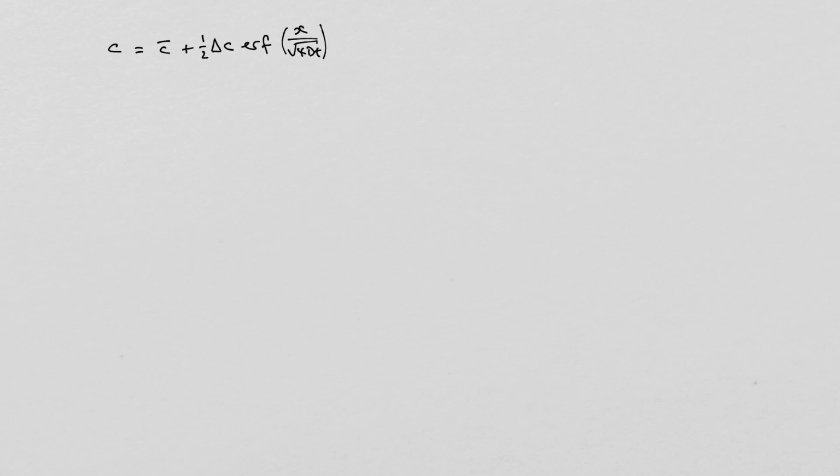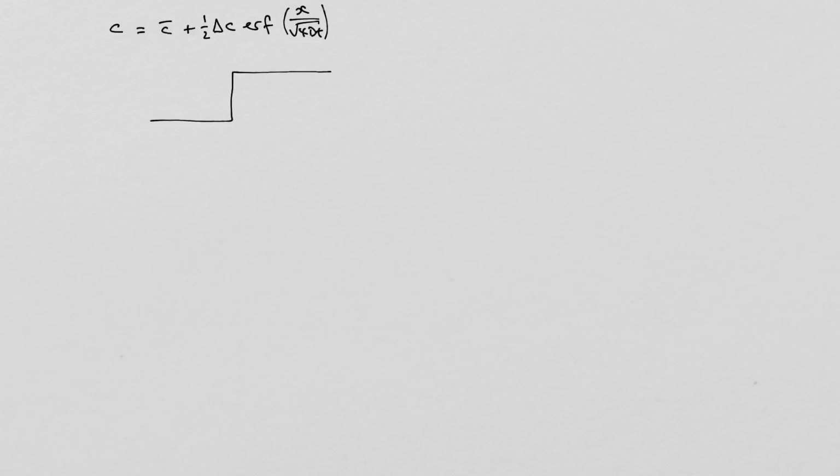There we go. I want to consider the situation now where I'm going to take an initial profile that is like this. It's a step up from 0 to C0, but instead of happening at x is 0, the boundary is at minus delta x over 2.